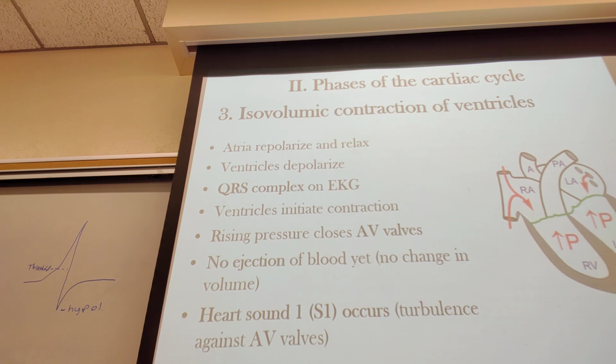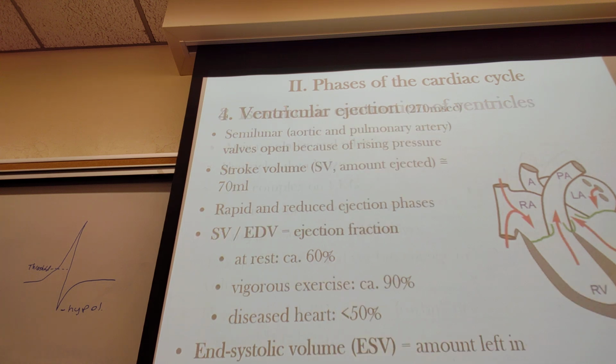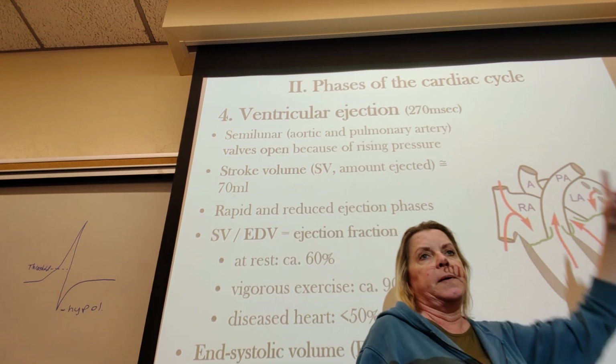At this point, we would see on the EKG the QRS complex. And again, I'm happy to teach you that. The QRS complex is the electrical event for the ventricles before the mechanical event will occur. They're going to start contracting, and then eventually they contract so much that they have higher pressure and the semilunar valves will open.